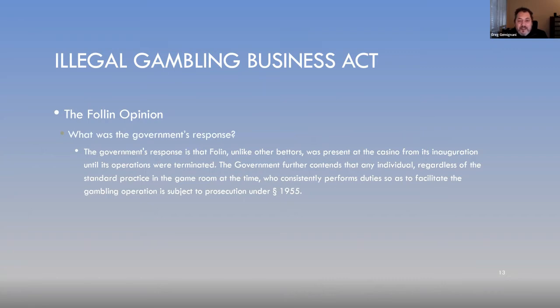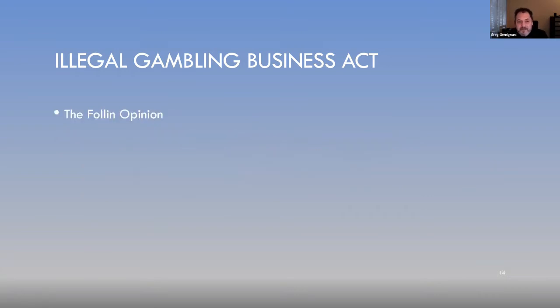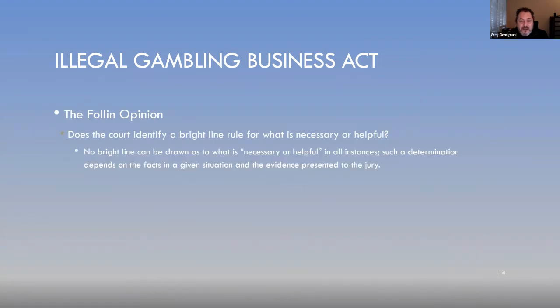The government did say that she's there all the time. First of all, she's never missed a day when it was open, and she consistently performed those duties. And the court said, well, there's no bright line that can be drawn between what is necessary or helpful, and such a determination depends on the facts of a given situation and the evidence presented to the jury.